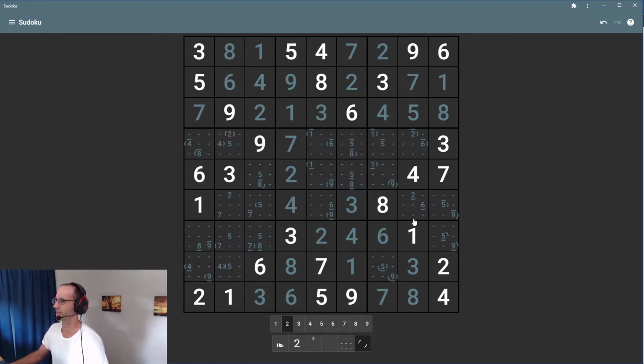Right, the 2, 6 doesn't get us over here because that's a pair. 2. Oh, we have a strong link on 2s here that I missed before. Oh, and there. Okay. Just missing those link marks, but I don't see anything particularly interesting that does for us yet.